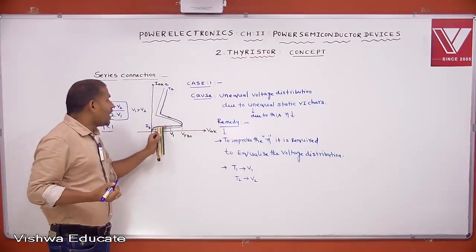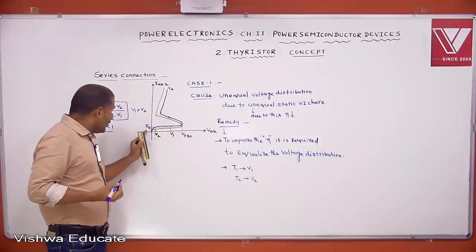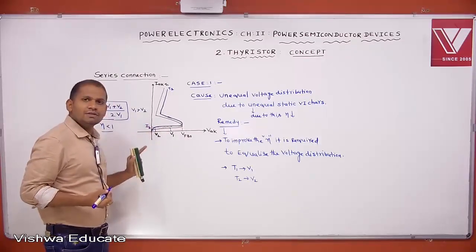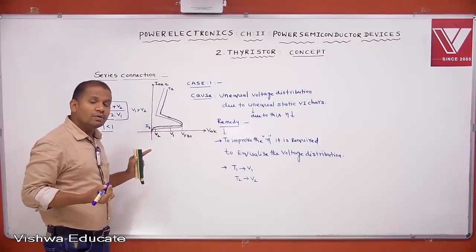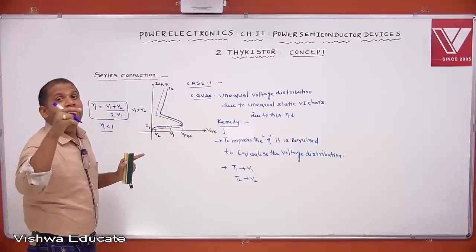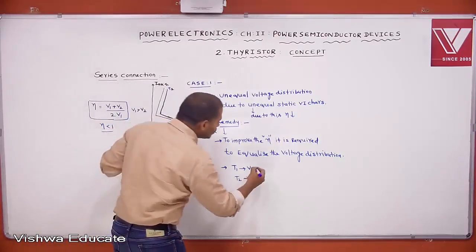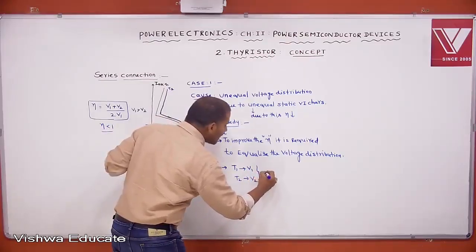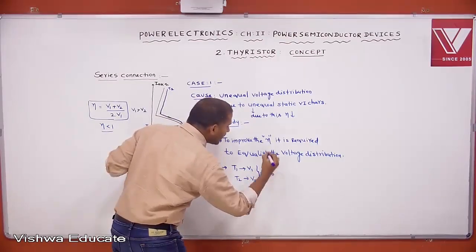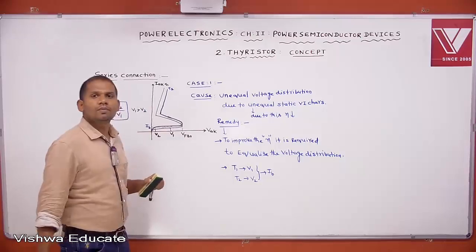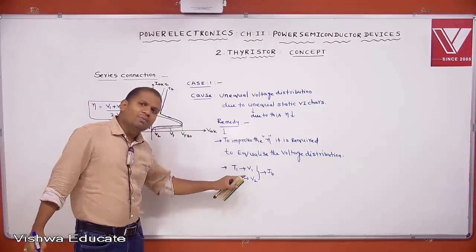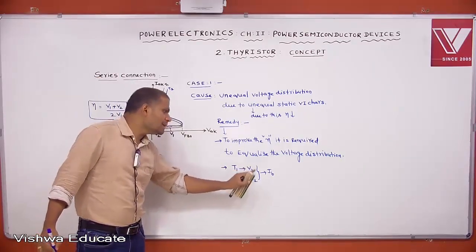Now, under forward blocking mode, which current exists in the SCR? Is there any forward current? No, there exists a leakage current, called the forward leakage current. Let us assume that both SCRs carry a leakage current IB.